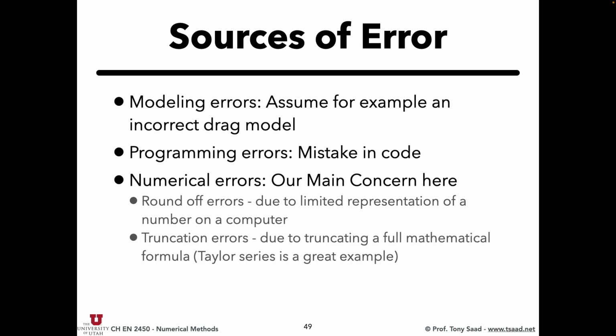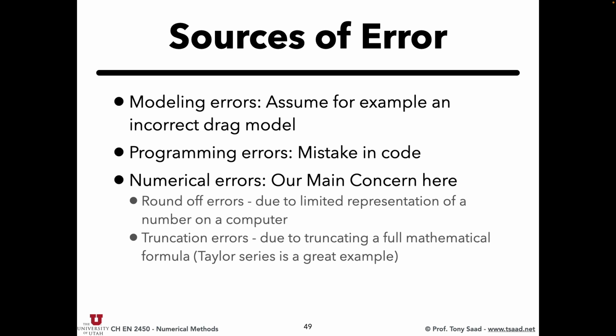Then there are truncation errors. Truncation errors are also part of the numerical approximation process. You will see that the foundation of all sorts of simulations and curve approximations is going to be the Taylor series, the one we just computed. Just like we did, we computed only 5 terms or 6 terms or 7 terms.